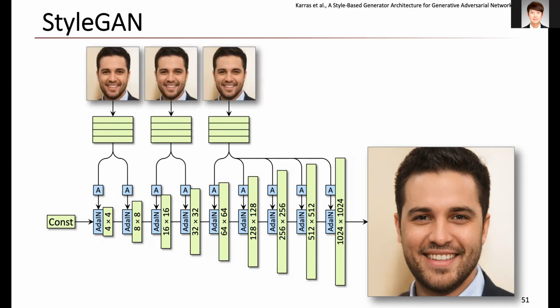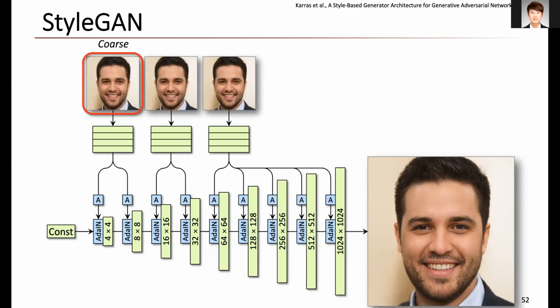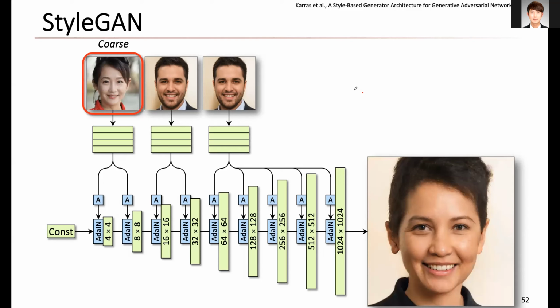So for example, copying the style corresponding to the coarse spatial resolution, for example 4x4 or 8x8, brings the higher level aspects such as pose, general hairstyle, face shape, eyeglasses, like this. 이렇게 콜스를 바꿔주면 이런 식으로, right? Pose or the general hairstyle or the general structure.